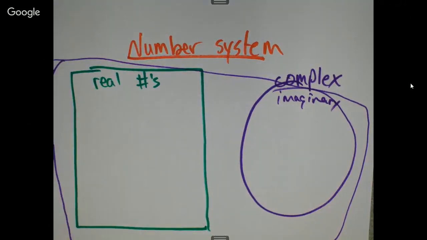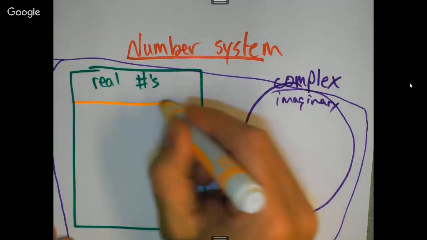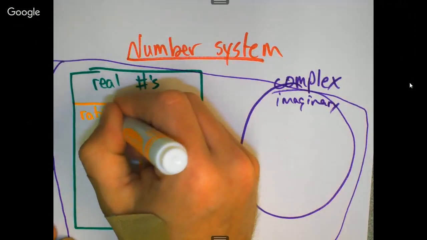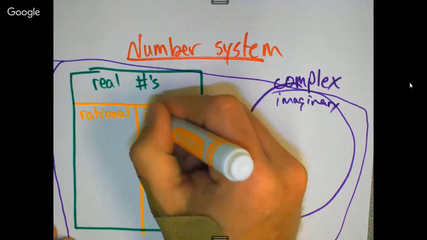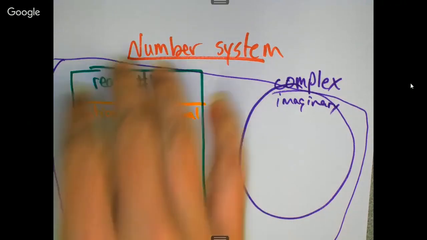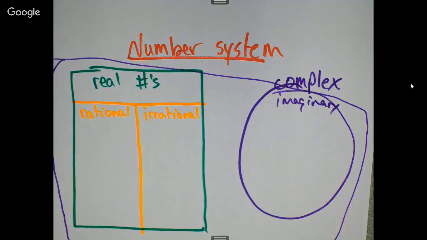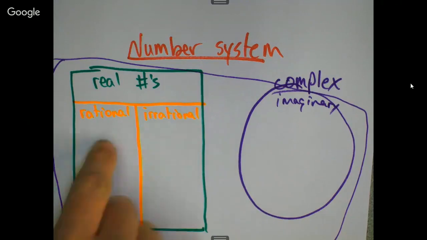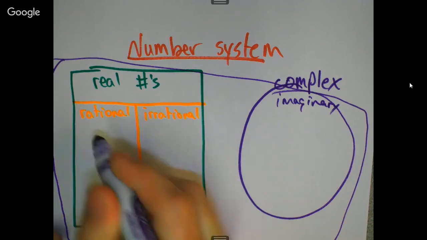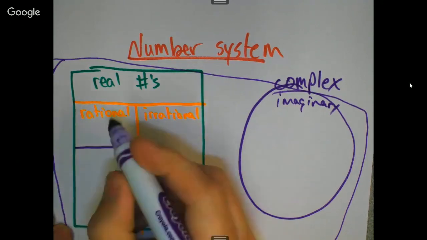And inside our real numbers, we have two categories. We have rational, and we have irrational. Okay, so your real numbers are split up into two categories called rational and irrational. Inside your rational, we have a subgroup called integers.